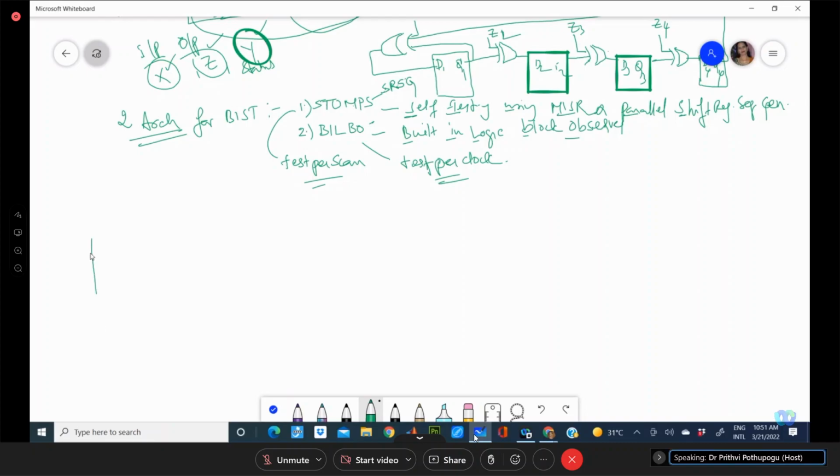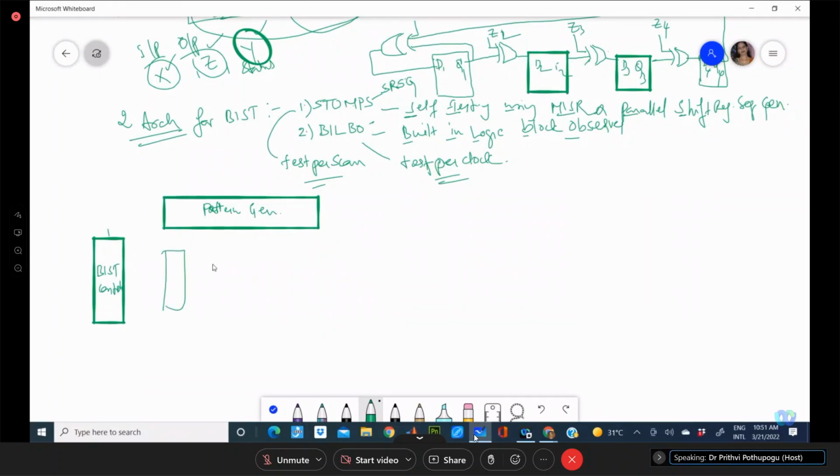STUMPS again has the BIST controller, and through the BIST controller a pattern generator is available for us, and the scan chain will be used.